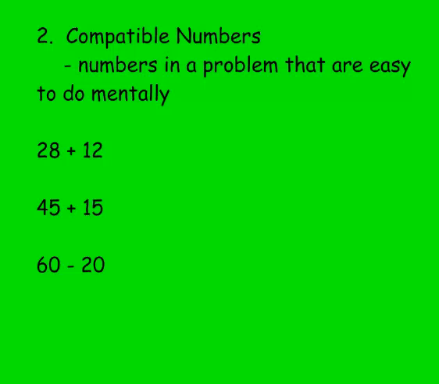In using compatible numbers, we look for numbers that are easy to do mentally. In many cases, the numbers will either add or subtract to an easy number like 10. For example, 28 plus 12. I know 2 plus 8 equals 10, plus the 20 from over here, plus the other 10 equals 40. The next one, 5 plus 5 equals 10.